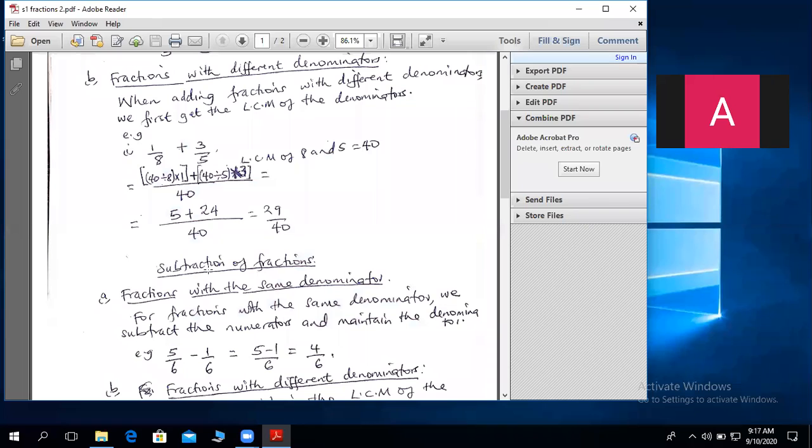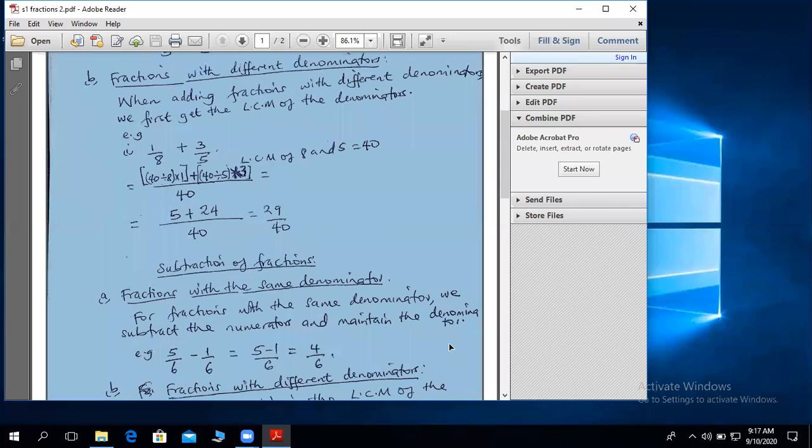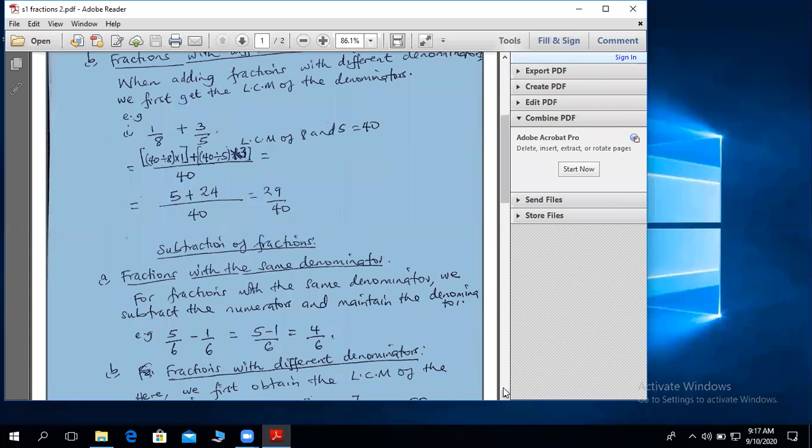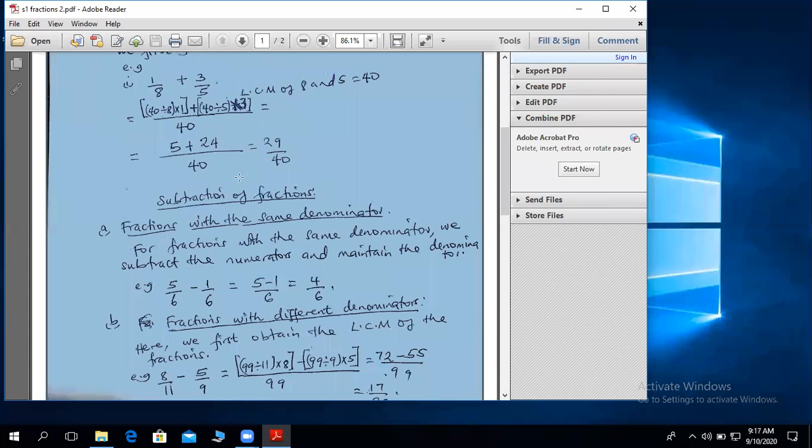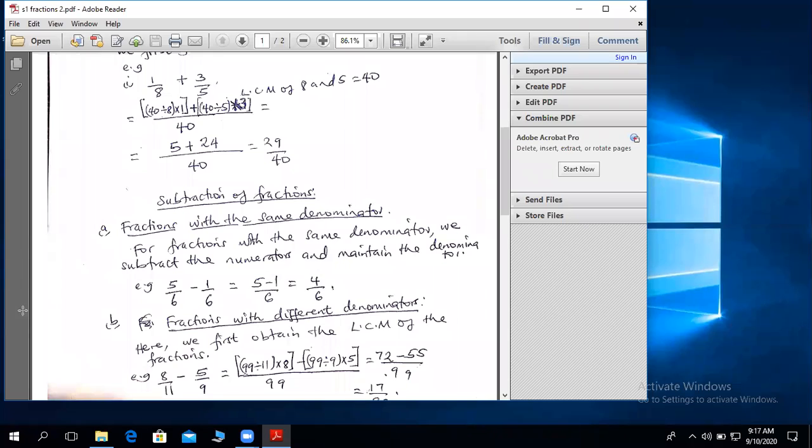And let us now look at how we can subtract fractions. How do we subtract fractions? Fractions with the same denominator. For fractions with the same denominator, we subtract the numerators.